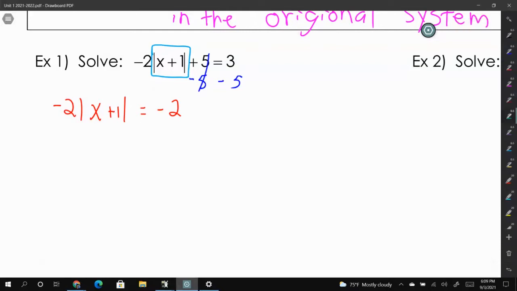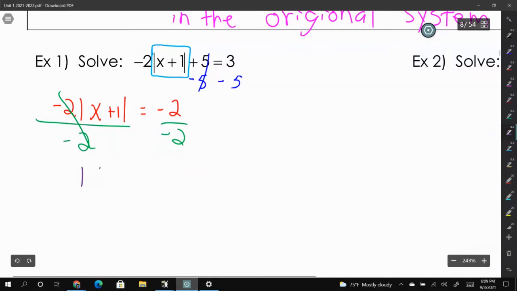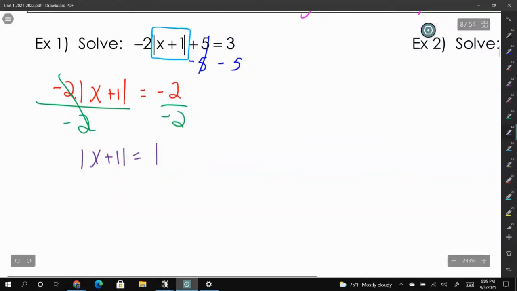Then we're going to divide both sides by -2. We get the absolute value of x plus 1 equals -2 divided by -2 is +1. All right, so now we got the absolute value bars by itself.